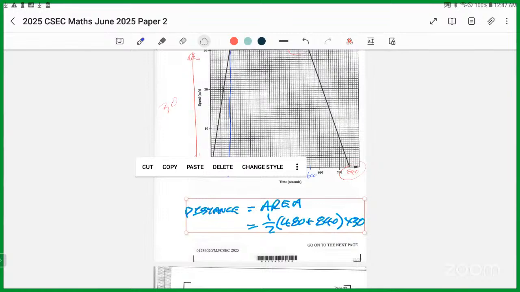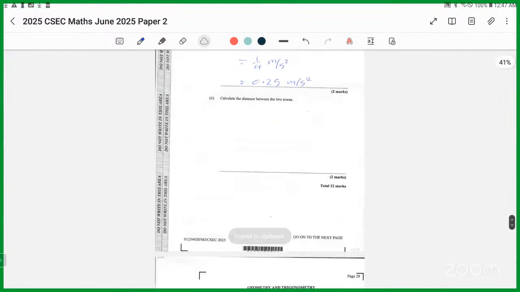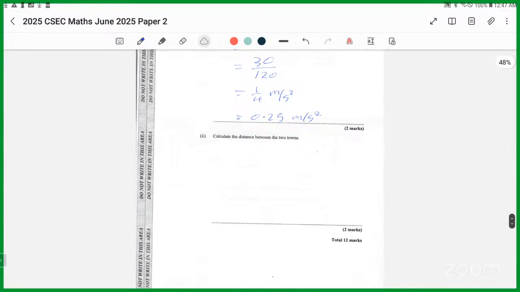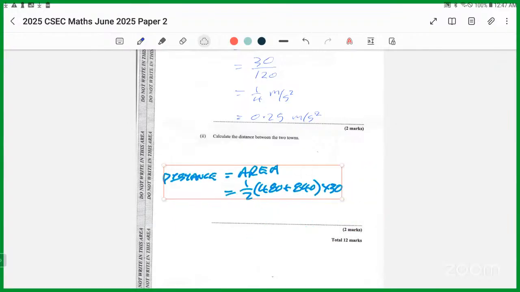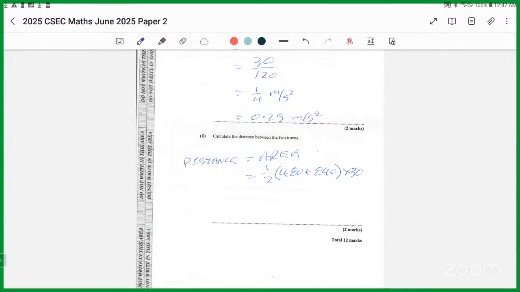These two are time in seconds, and this is meters per second.